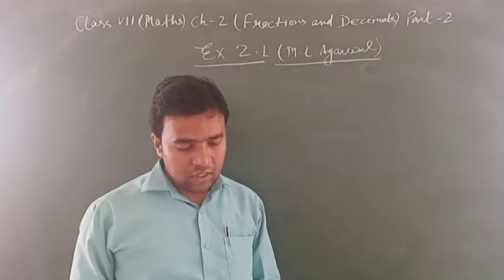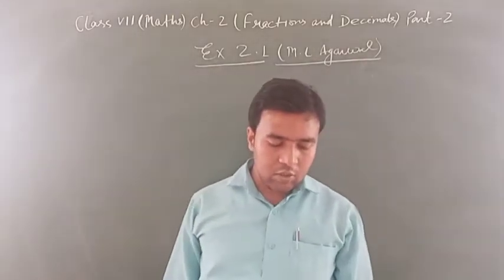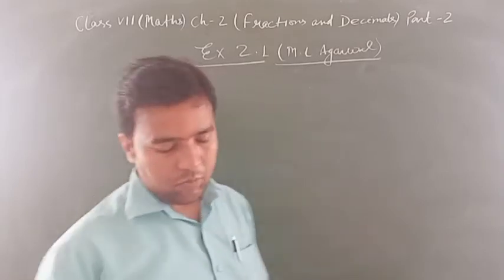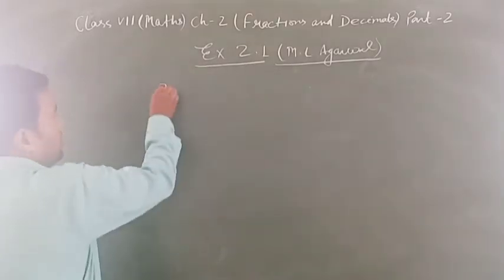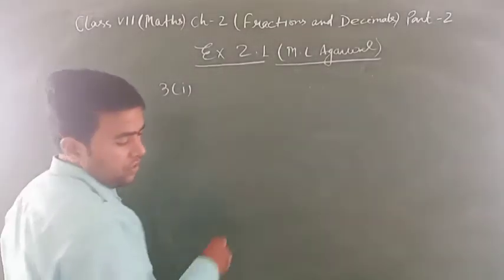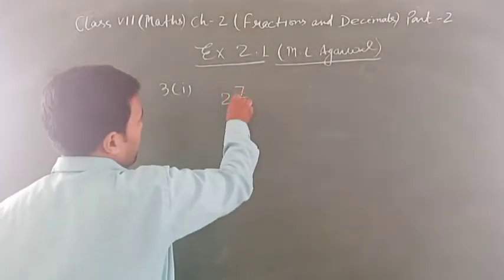Question number 3. Convert the following fractions into improper fractions. In the third question, mixed fractions are given. Clear? Means 2 whole 7 by 9.